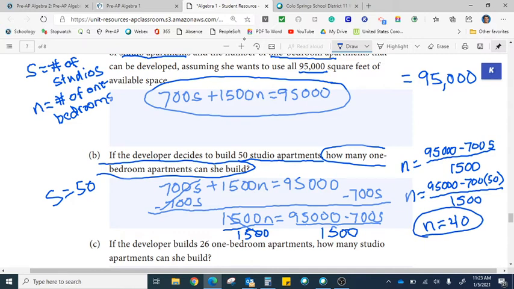All right, so it says if the developer decides to build 50 studio apartments, how many one-bedrooms? Is it a he or a she? He can build 40 one-bedrooms.